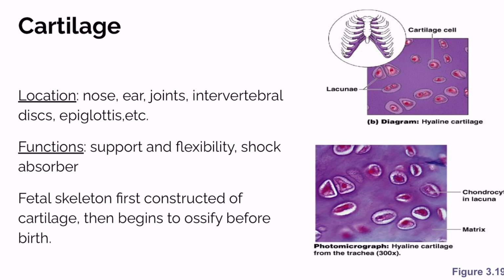Not sure if you knew this, but our fetal skeleton actually begins as cartilage first, and then during fetal development, it begins to ossify. The cartilage turns into bone before delivery of the baby. And there's evidence of this in our long bones, as we will see when we get to our next topic.